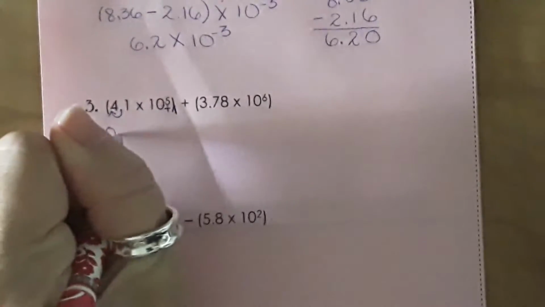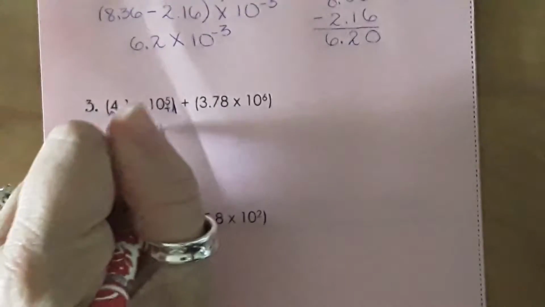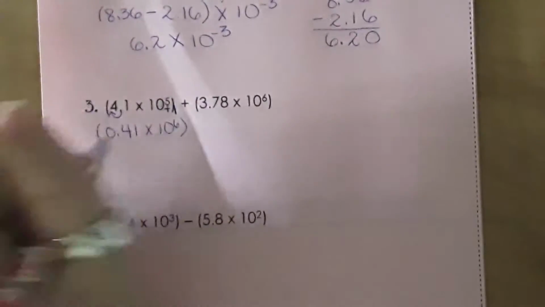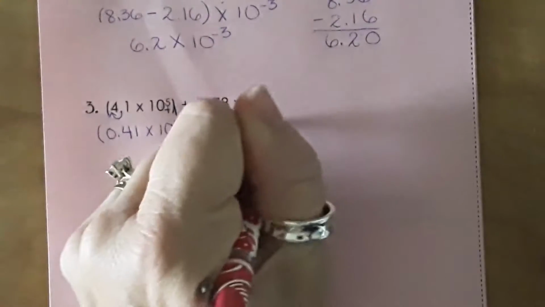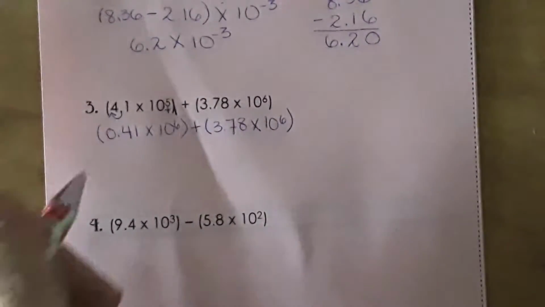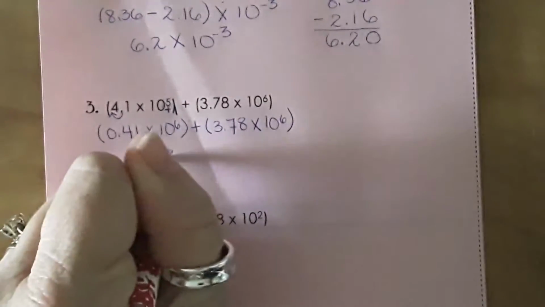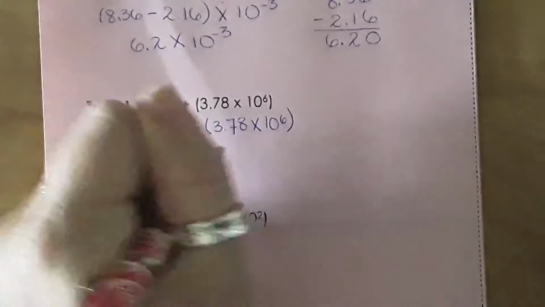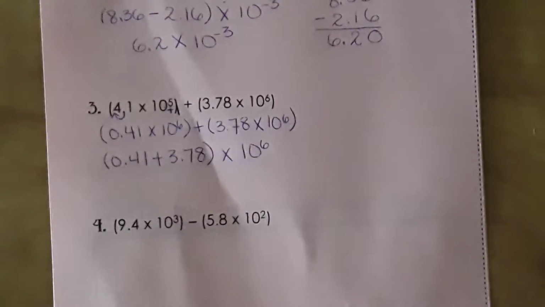All right, so my new scientific notation here is 0.41 times 10 to the 6th plus 3.78 times 10 to the 6th. We're going to add those two. So 0.41 plus 3.78, and then times 10 to the 6th.